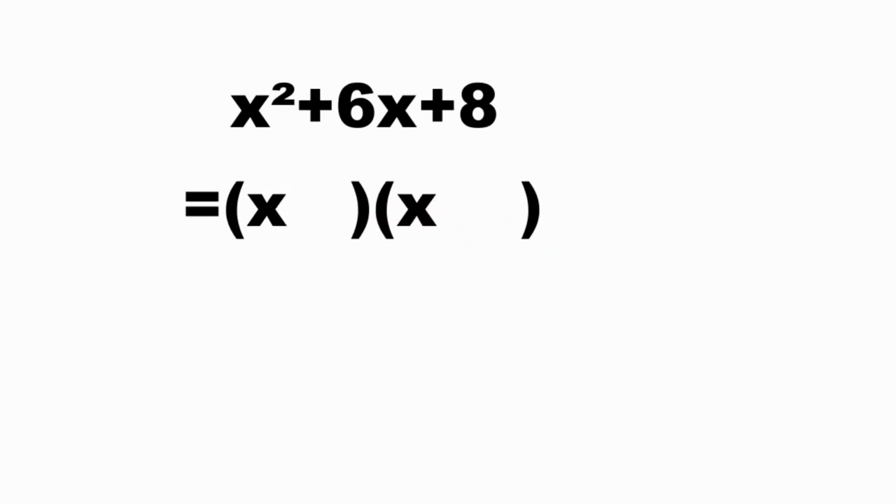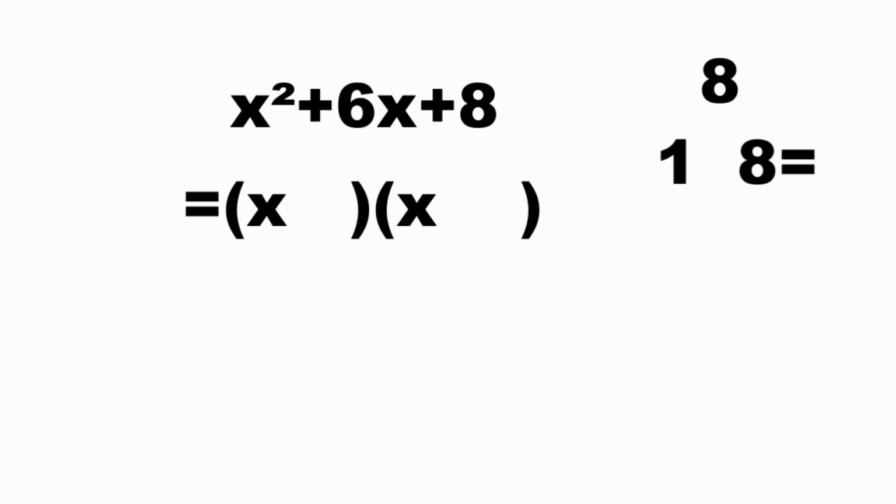Then we are going to find the factors of 8 that will give the sum of 6. So first we have 8. One factor pair of 8 is 1 times 8 is 8.